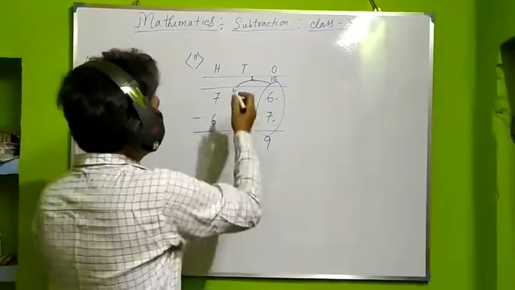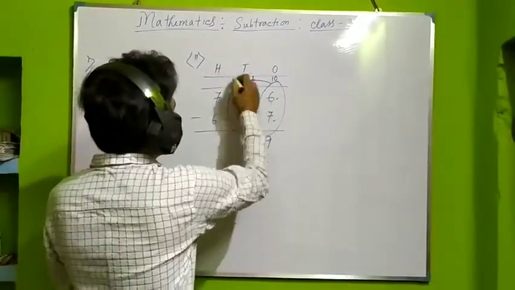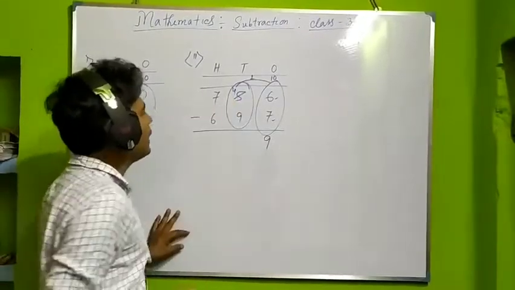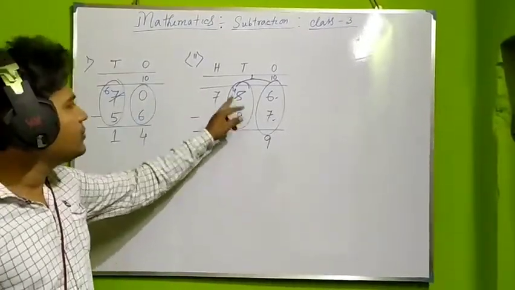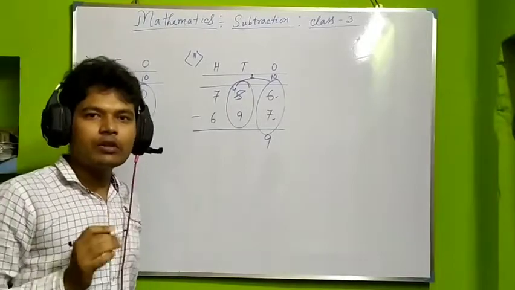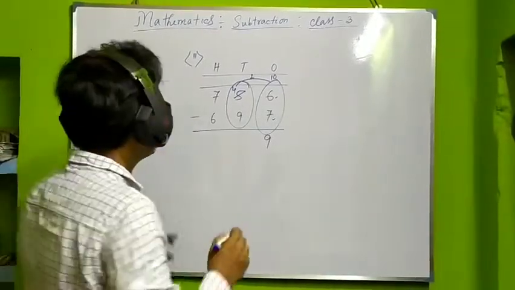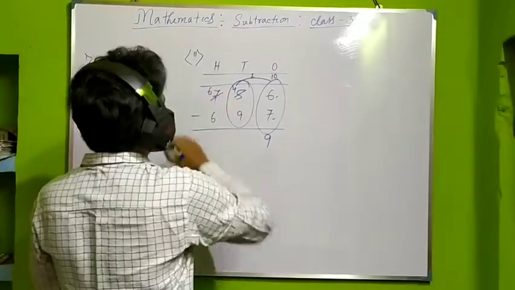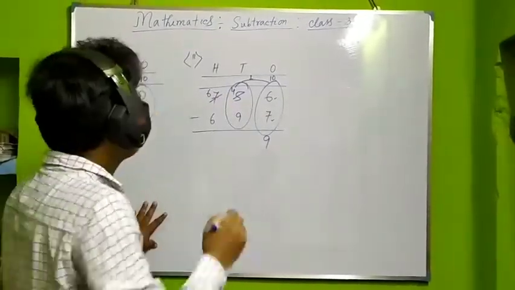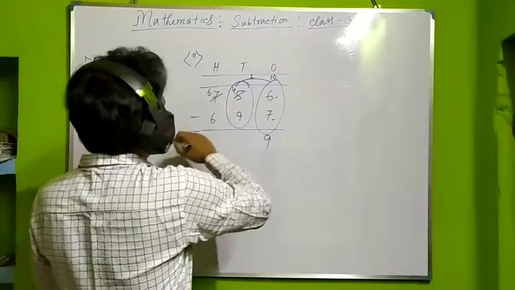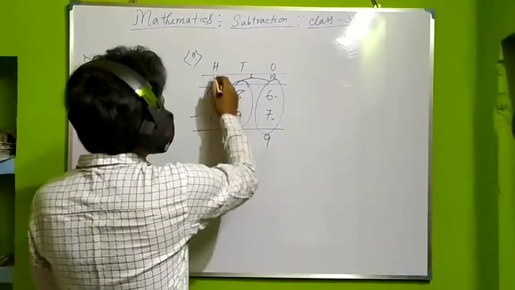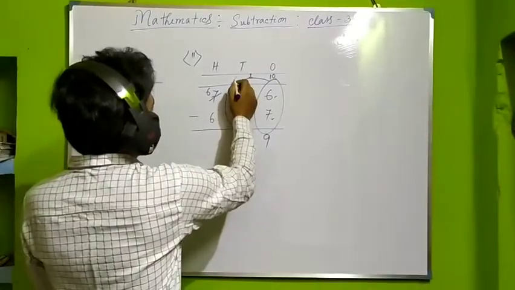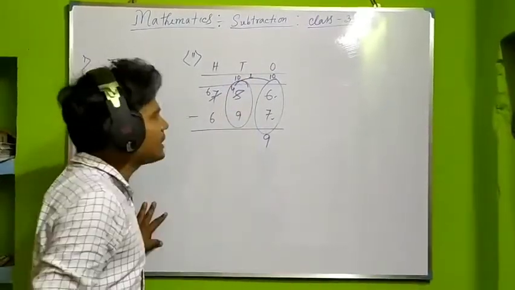Now when you come to the tens place, you can see that after giving borrow 1, 5 converts to 4, and now we have to subtract 9 from 4. So it is also not possible. Then we have to borrow 1 from 7, then giving 1, 7 converts to 6, and taking borrow 1 from the 100 place, when we write this, we have to write down 10 at the tens place.